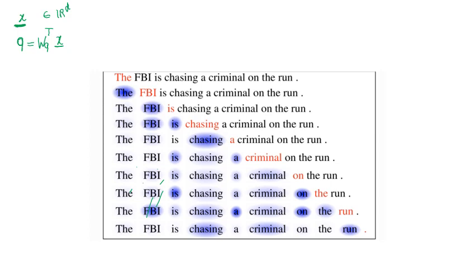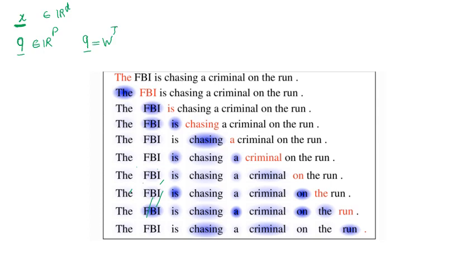So X is in R^D, and then Q, which is my query, is in R^P, a P-dimensional space, but I'm going to compute the vector Q by a projection.